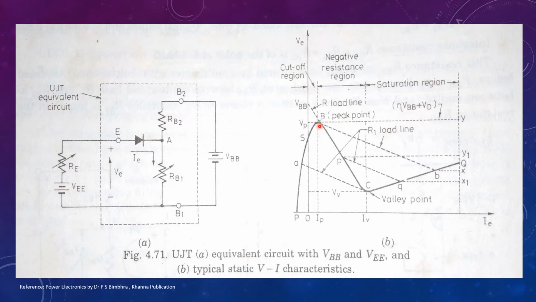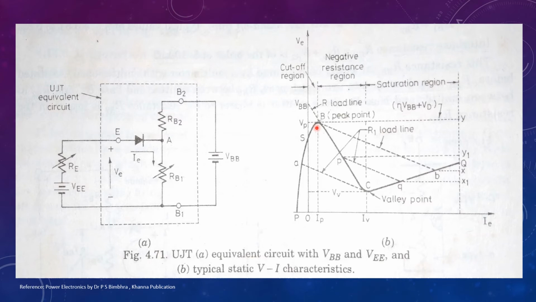When VE is equal to eta VBB plus VD, the diode voltage, point B is reached and the emitter base 1 junction is forward biased to allow diode current.